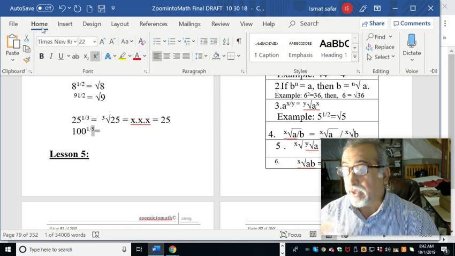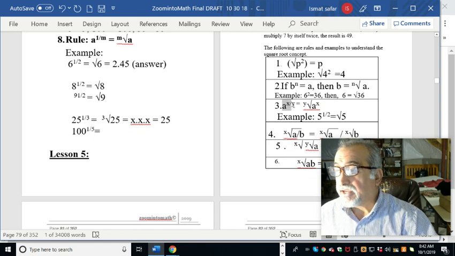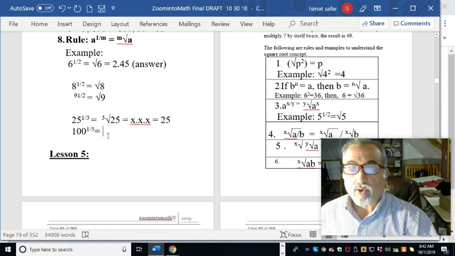And there is a rule, which is this one here. It's right here. That's exactly the rule I'm talking about. This is a whole complete rule.